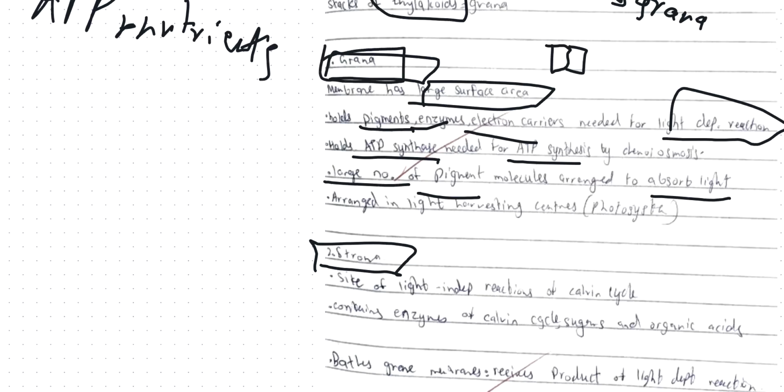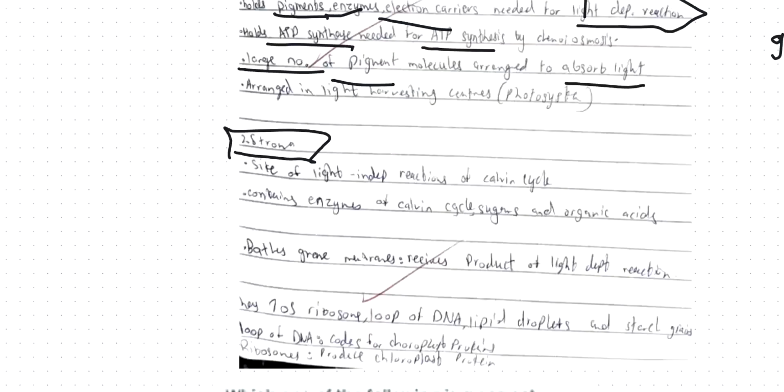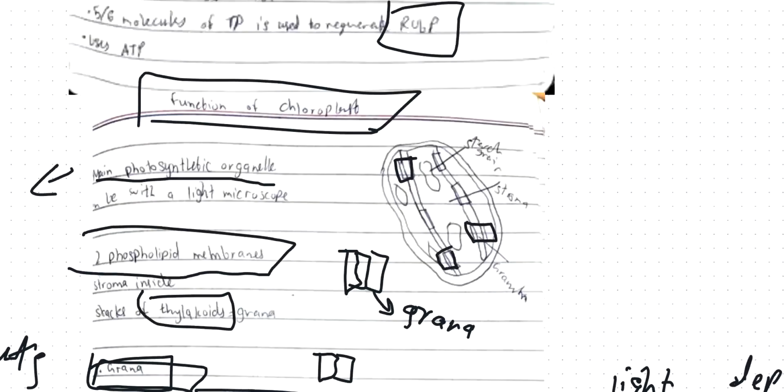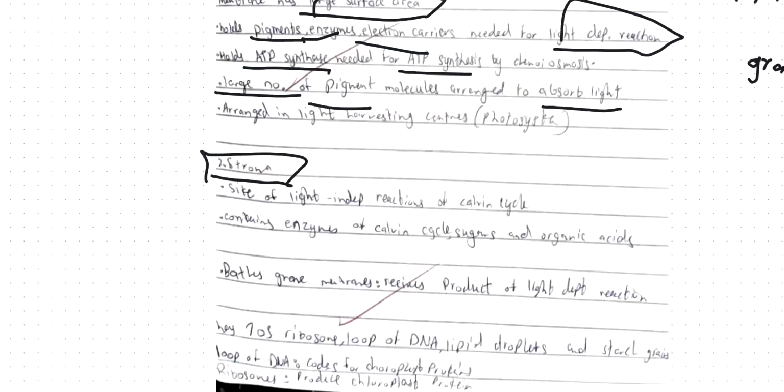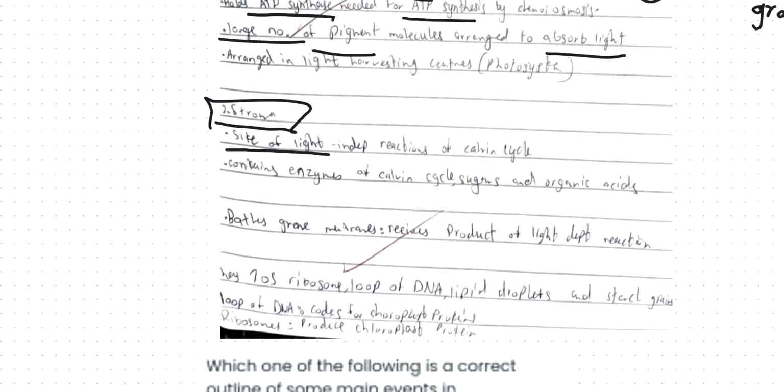And the second type of organelle in the chloroplast is called the stroma. Where is the stroma? The stroma is this empty space right here. It's basically like the cytoplasm. So the stroma is the site for the light-independent reaction, the Calvin cycle.